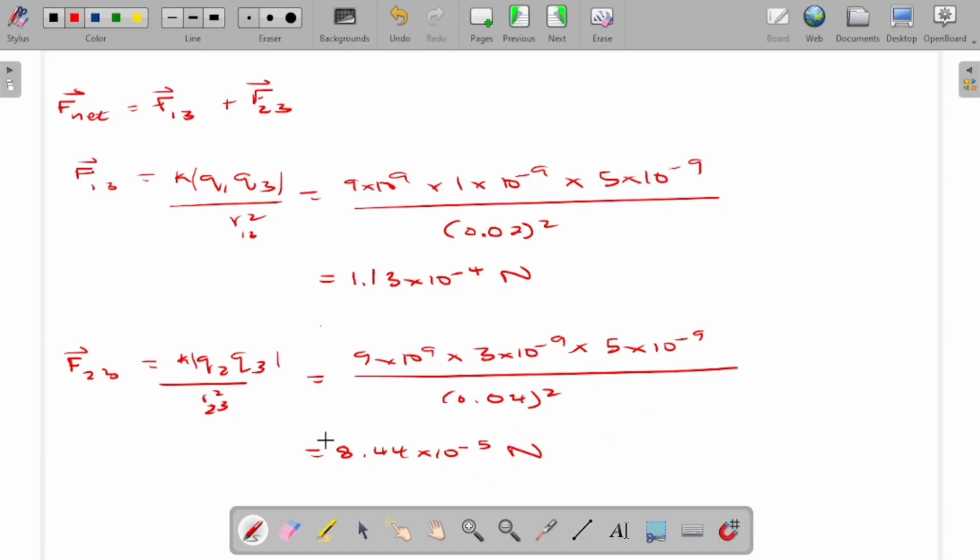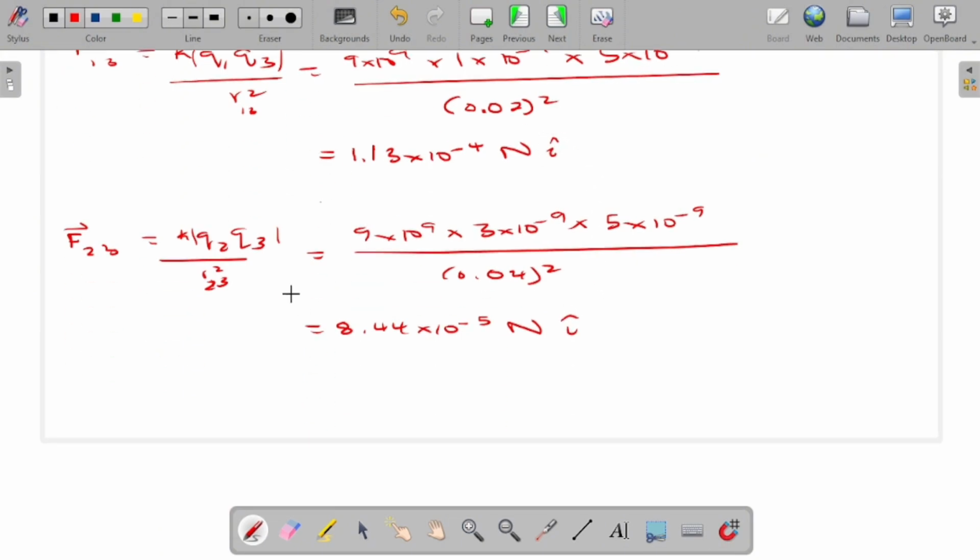Yes, sir. All right. Because we were writing this as a vector and we are only working in the x direction, we'll put i hat here. Now let's find the net force.